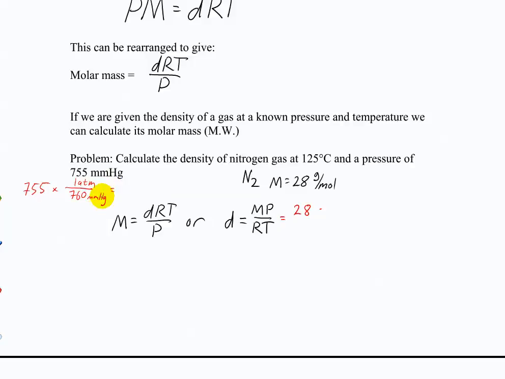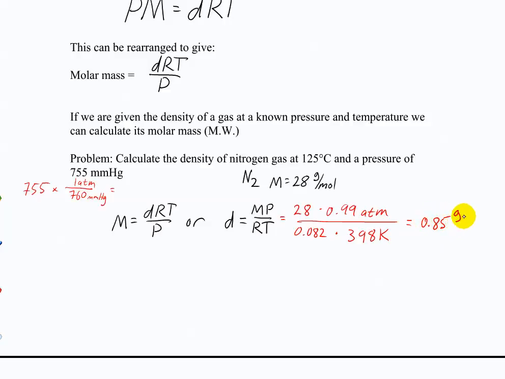It's going to be pretty close to 1. 0.993 actually. Divided by R, 0.082 times the temperature, 125 C. That's 398. Okay. Do all that out. I believe that gives us 0.85.